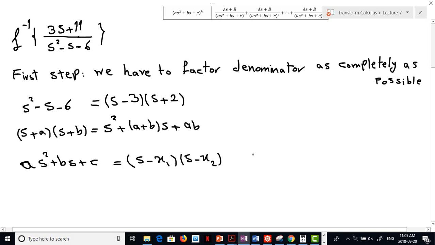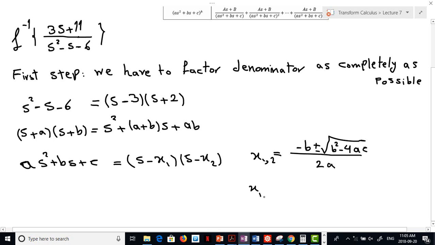For finding x1 and x2, we can say it's equal to minus b plus minus root b squared minus 4 times a times c divided by 2a.